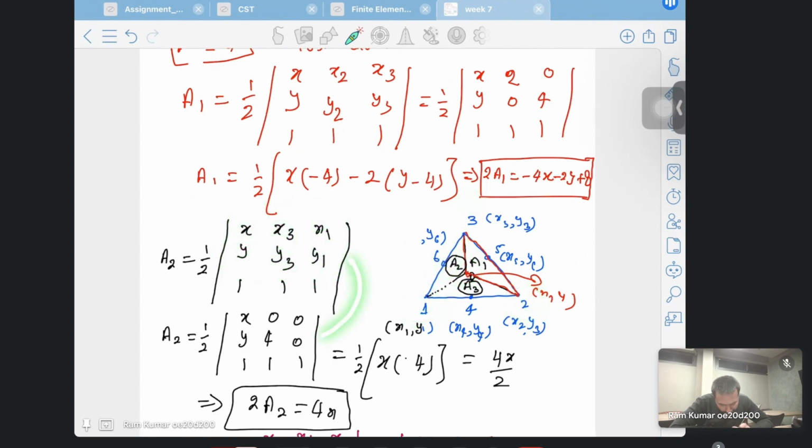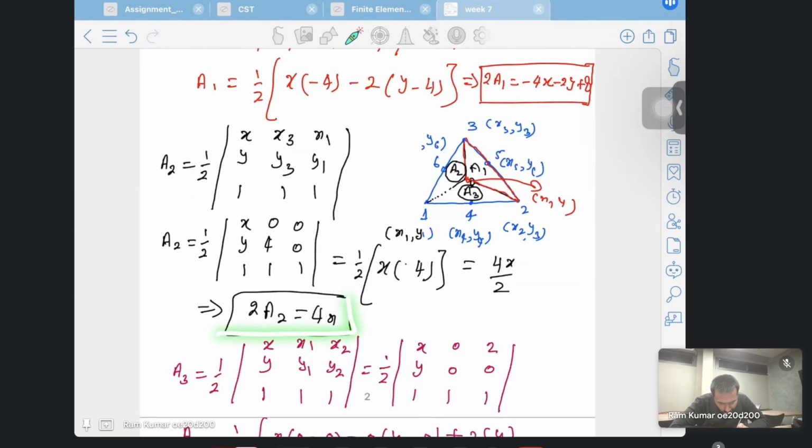After putting in the values for the node 1 and node 3 coordinates, we get 2A2 equal to 4x. So we also got the area A2: 2A2 equal to 4x, and 2A1 equal to minus 4x minus 2y plus 8. So we got two areas.